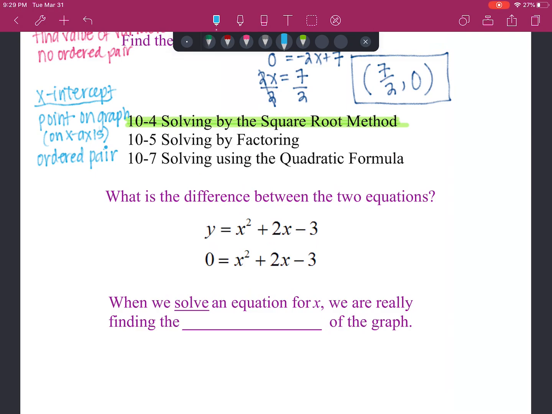So here, once we start, what is the difference between the two equations? I have y equals x squared plus 2x minus 3, and I have 0 equals x squared plus 2x minus 3.